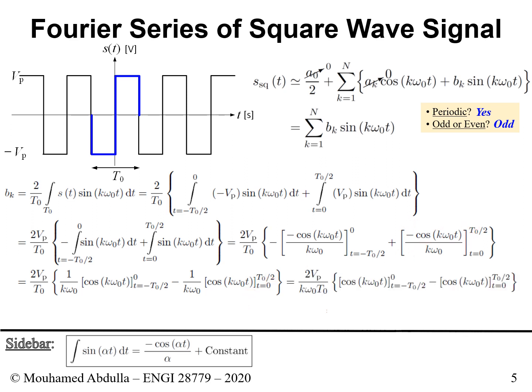Okay, let's see what else we could do. As a next step, this and this are common on both sides, so I could simply factor them outside this bracket and put them in this multiple. So we have 2 V peak over T0, and k omega naught, so it's all outside.